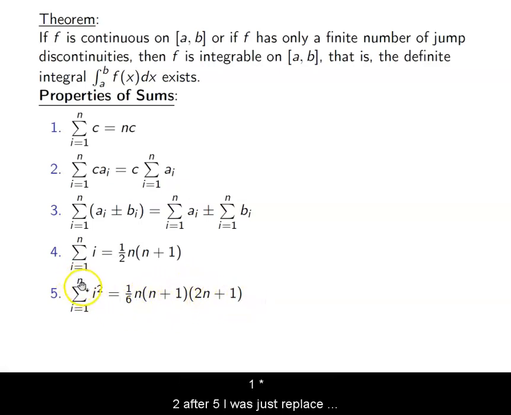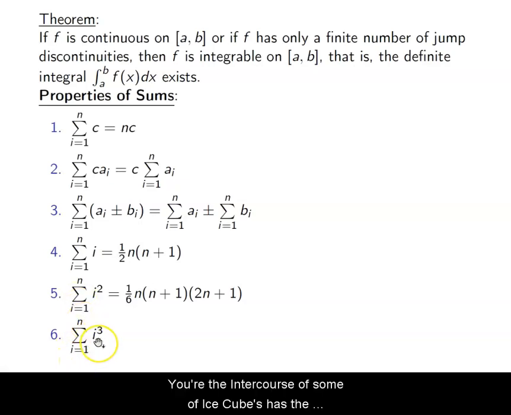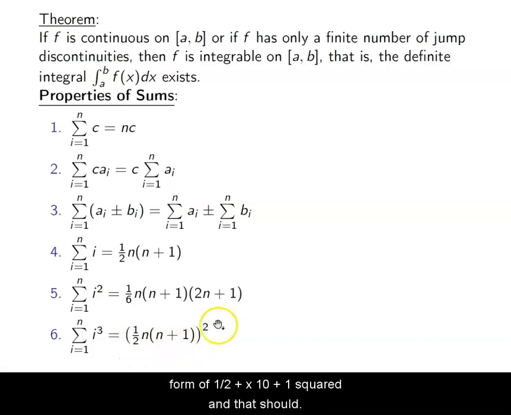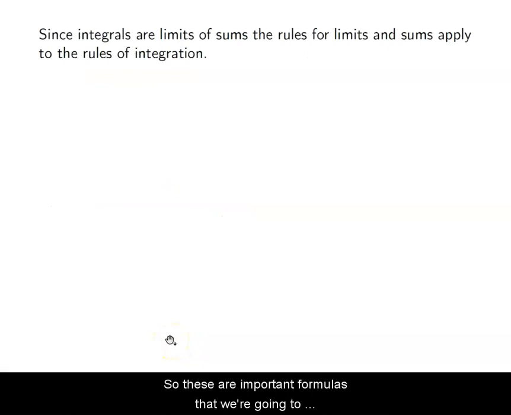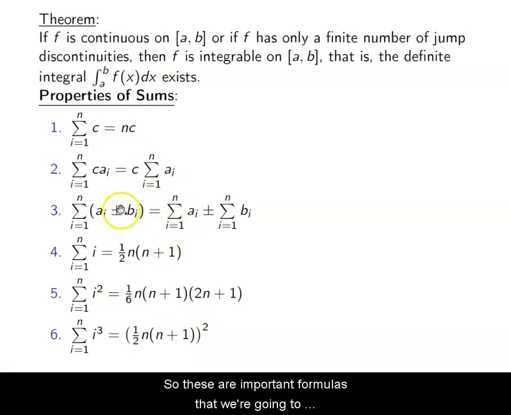So if this was, let's say, up to 5, I would just replace n everywhere with 5, and I could find that partial sum. Here, the nth partial sum of i cubed has the form of 1/2 n times n plus 1, squared. And that should make sense because, well, we're not going to get into it too much, but it's basically the first one squared. Okay, so these are important formulas that we're going to use in this section.